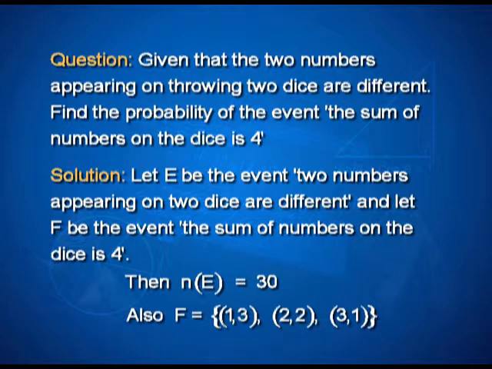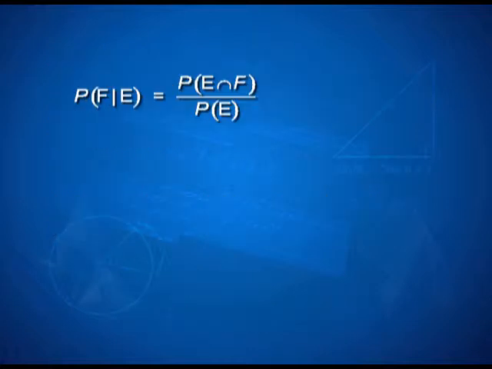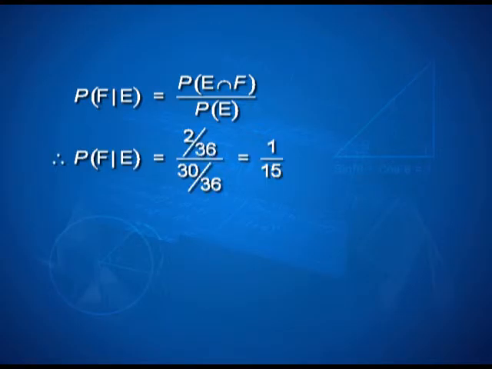Obviously, just 2, (1,3), (3,1), and therefore, the probability of F given that E has occurred can be written as probability of E and F divided by probability of E, which is same as, there are two elements which are common. So, 2 by 36 divided by 30 by 36, and therefore, 1 by 15.